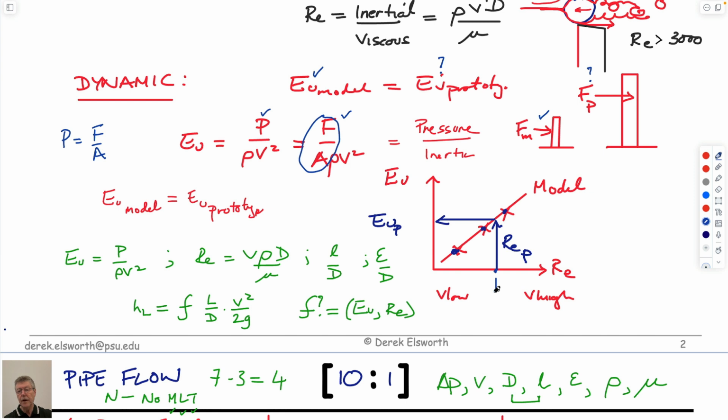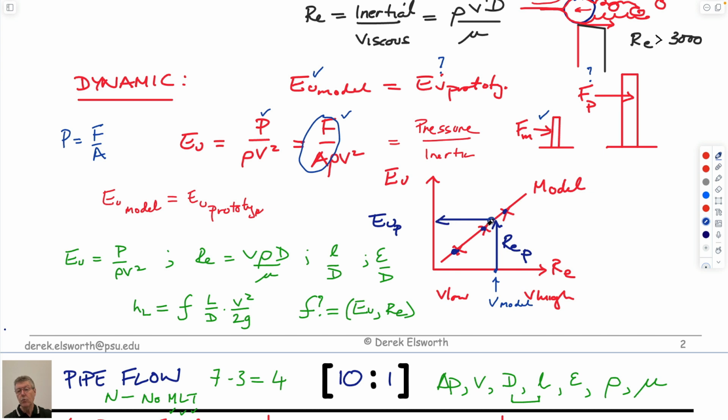So you do your experiment at the velocity for your model, which is the same as the appropriate velocity for your same Reynolds number. You measure the force that's applied due to that, and you calculate the Euler number.